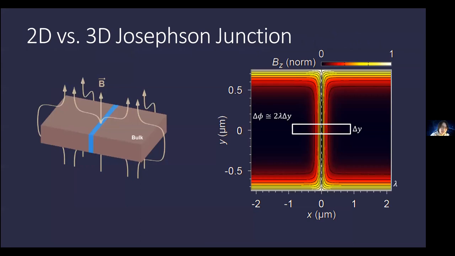But twisted bilayer graphene is a 2D superconductor, as I said, and there is a fundamental difference in how it interacts with the magnetic field when you go from 3 dimensions to 2 dimensions. In bulk 3-dimensional superconductors, the magnetic field induces a circulating current through the sample, trying to screen out the magnetic field. This is the microscopic mechanism behind the Meissner effect.